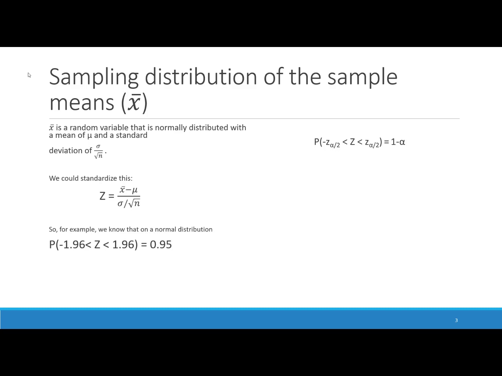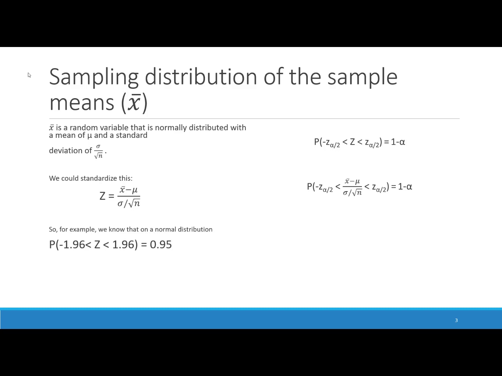So at the 95 percentile that we looked at on the left side, we have alpha equals 0.05, and then alpha divided by 2 is 0.025. So z at 0.025 and z at negative 0.025.